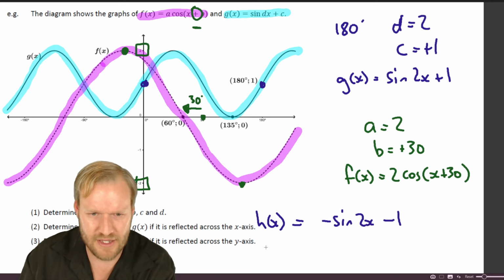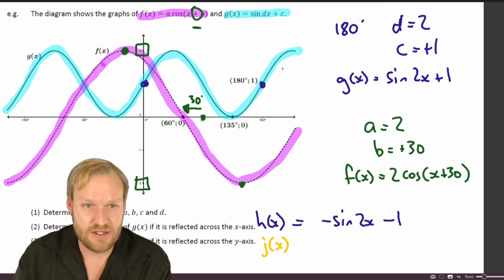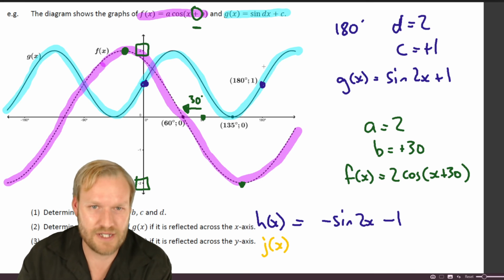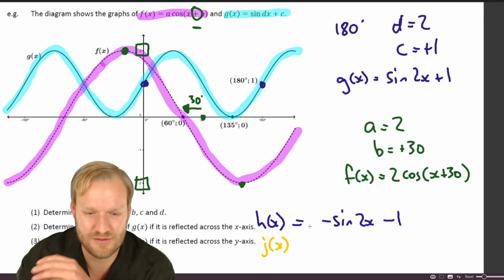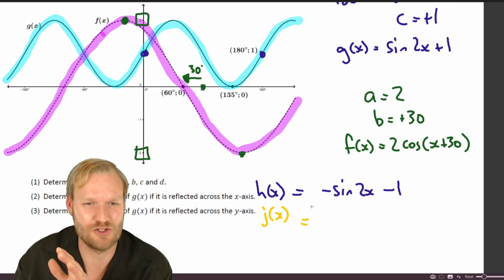Okay, and the last one here, I'm going to call this j of x. We're going to take g of x, the same one, and we're going to reflect it about the y-axis. So we're going to take this blue graph, and let's look at doing this in two ways. The one is just thinking algebraically.